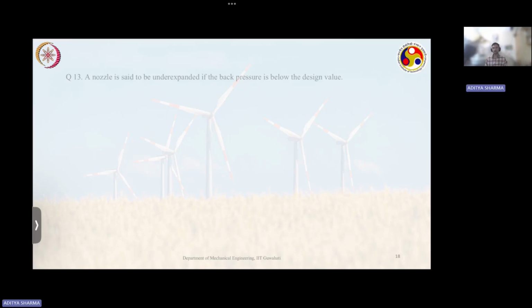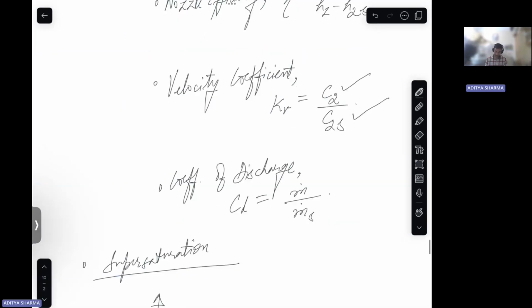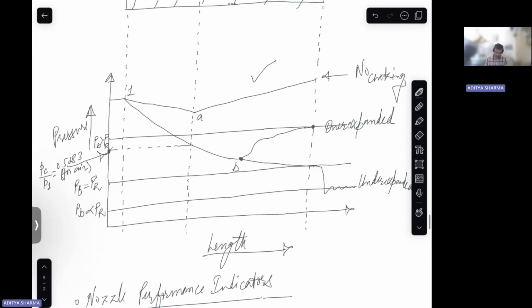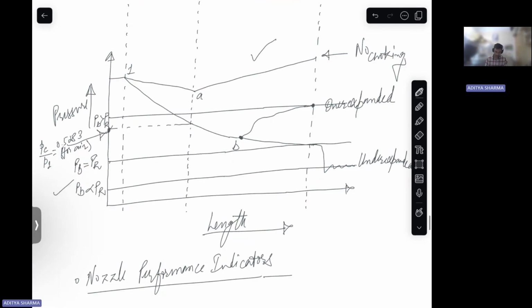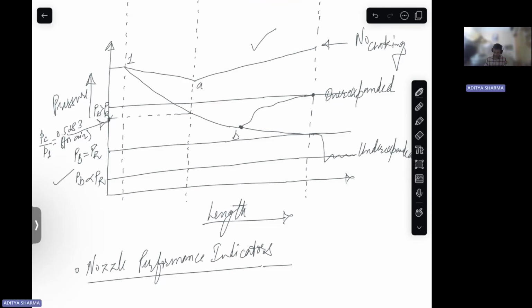Then we have question number 13. So it says that a nozzle is said to be underexpanded if the back pressure is below the design value. So this is a false statement. So back pressure is below. So if you see this diagram, if the back pressure is below the exit value, in that case it will be underexpanded, right?